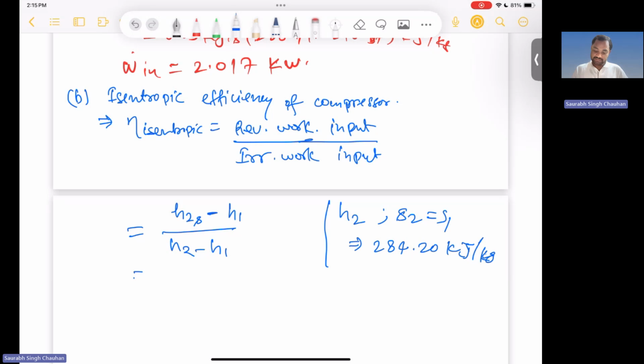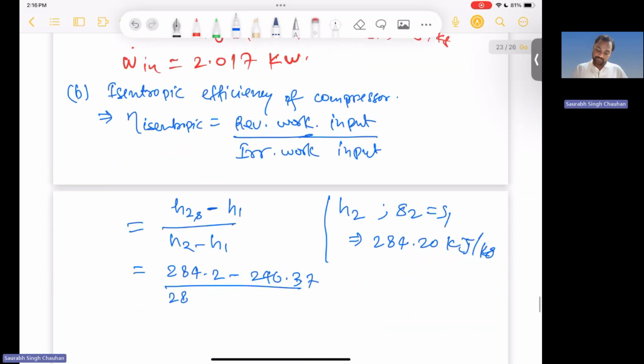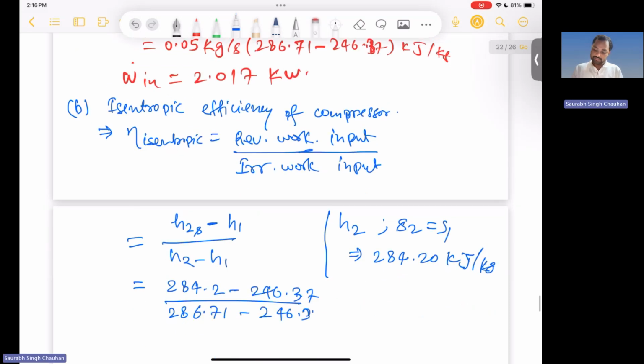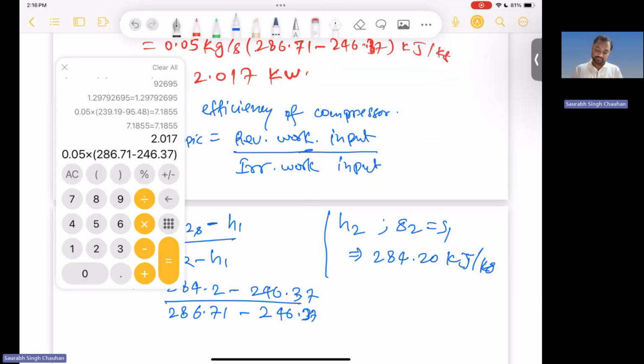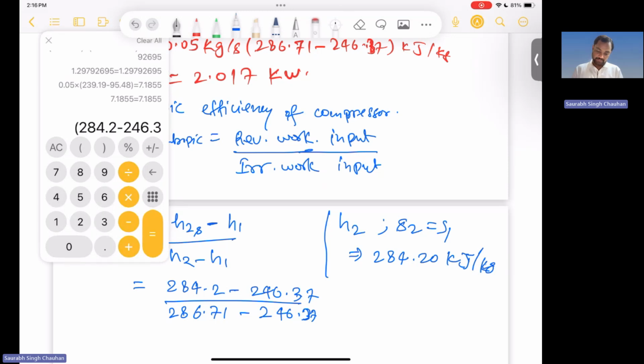So if we just substitute the values, we get (284.2 minus 246.37) divided by (286.71 minus 246.37), the actual H2 minus H1.